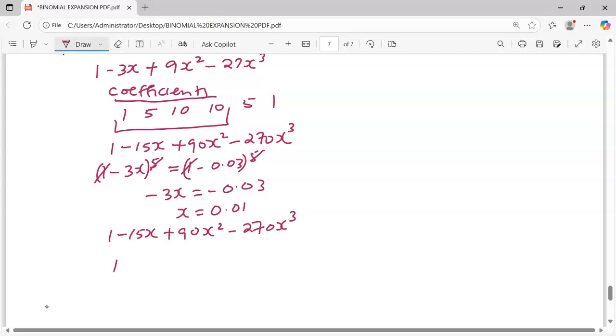So we are going to take 1 minus 15 times the value of x, which is 0.01, plus 90 we multiply by x, which is 0.01 squared, minus 270 into 0.01, then of course cubed.